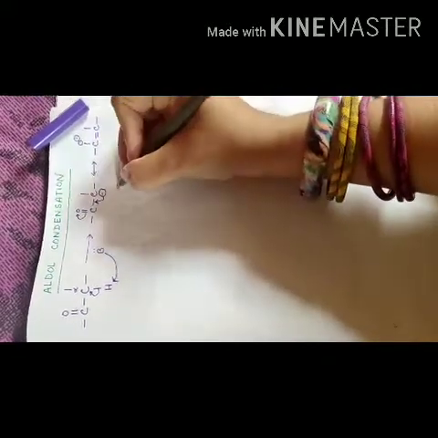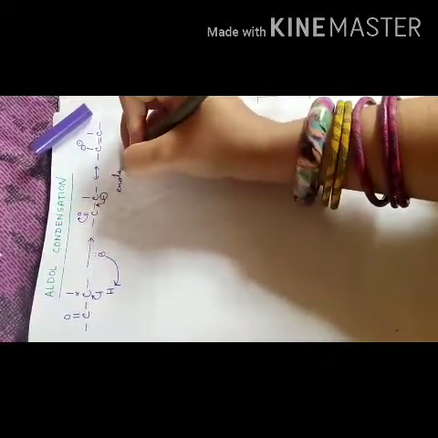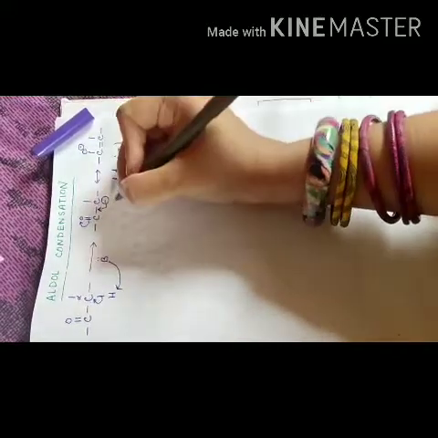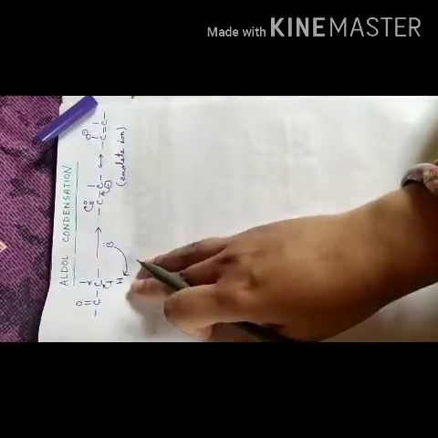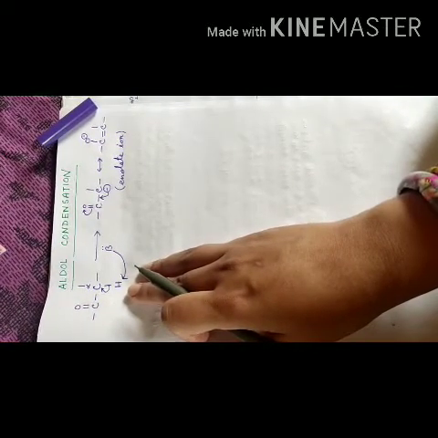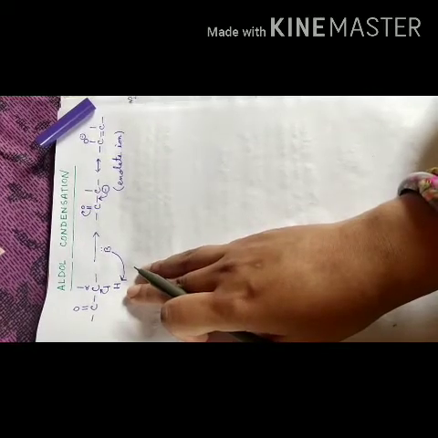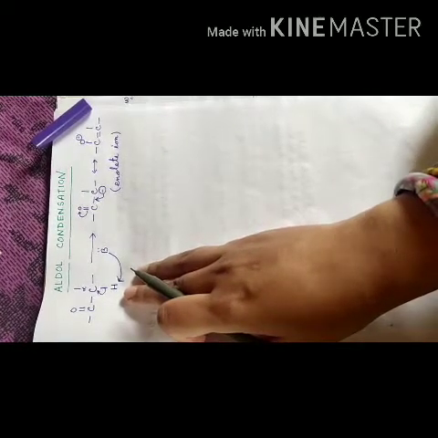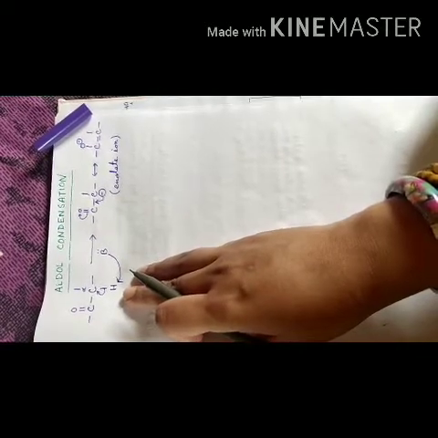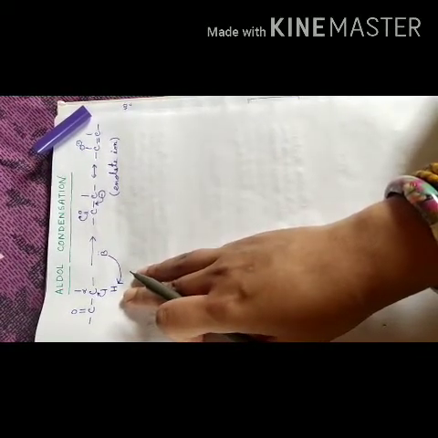So this is our enolate ion, which is stabilized by resonance, due to which the hydrogen attached to the alpha carbon of an aldehyde is easily lost as an H plus ion, and it is acidic in nature. So due to the acidic nature of this alpha hydrogen, we get the aldol condensation reaction.